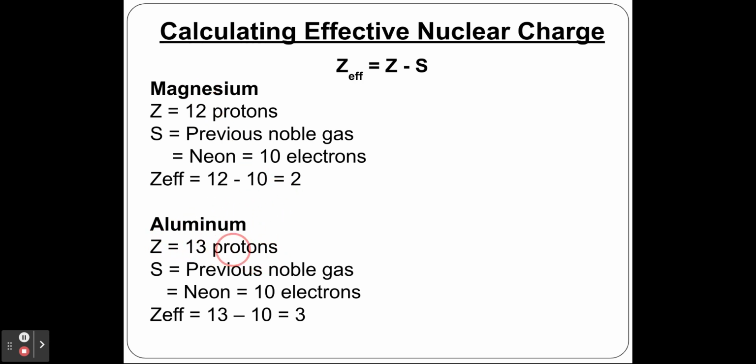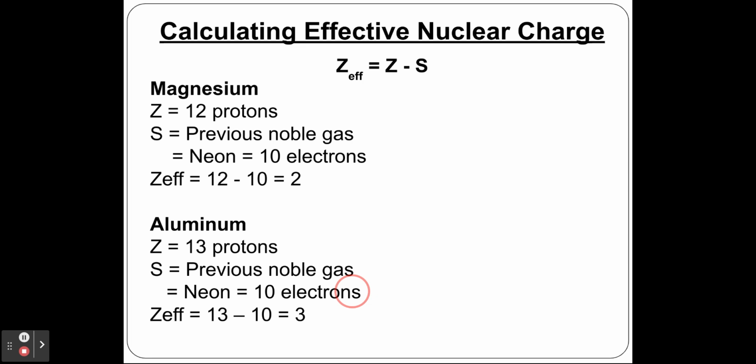Aluminum, we could do aluminum. So aluminum has 13 protons. So it's number 13 on the periodic table, which is the atomic number. And then we have the S, and again, the S stays the same because aluminum and magnesium are in the same period. So the number of core electrons stays the same. So it's, again, 10 electrons. We have 2 electrons in the inner shell, and we have 8 electrons in the second shell.